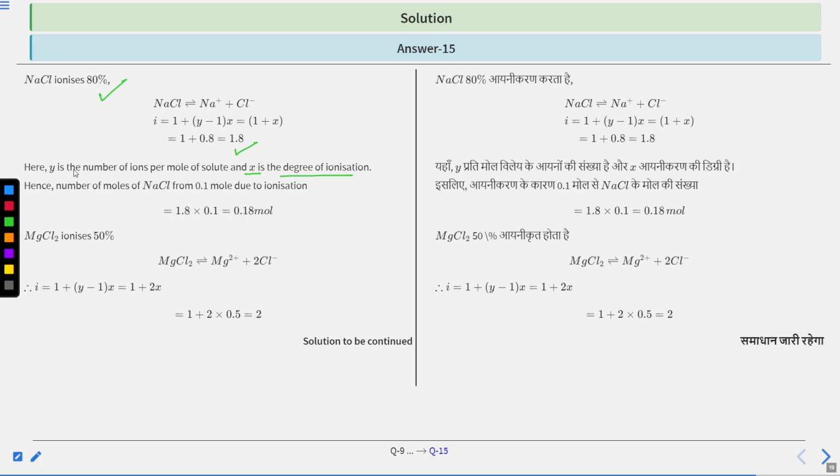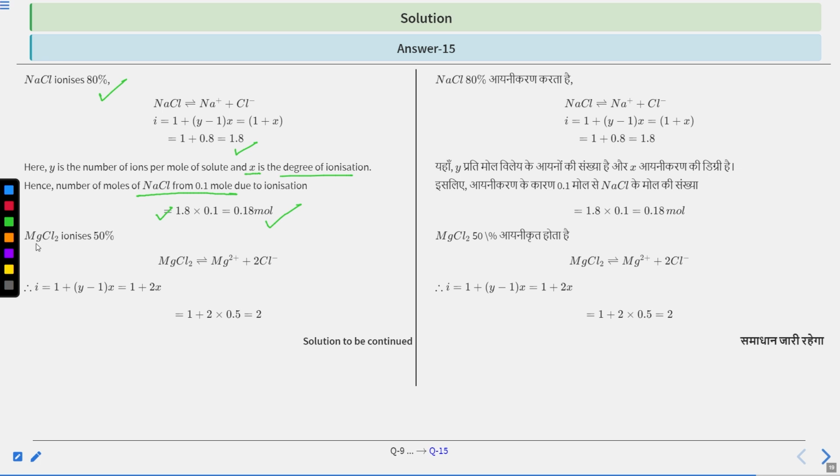In this equation, y is the number of ions per mole of solute. Since we have just calculated that 0.1 mole of NaCl is present, due to ionization the number of moles will be 1.8 multiplied by 0.1, which equals 0.18 mole.